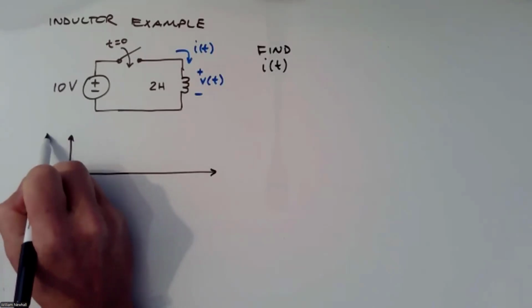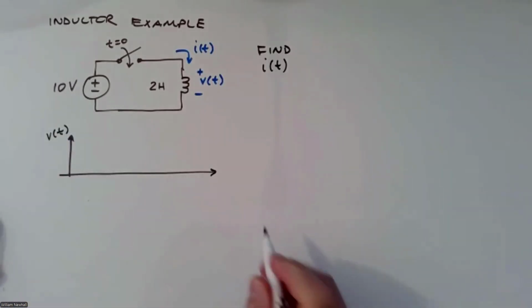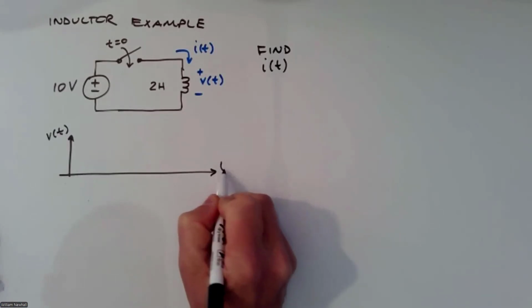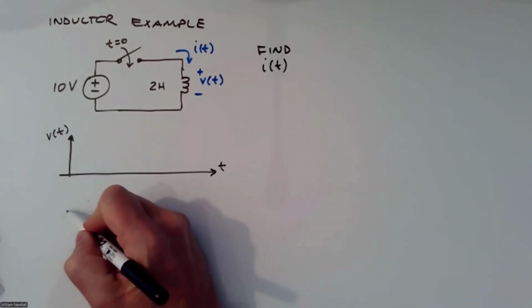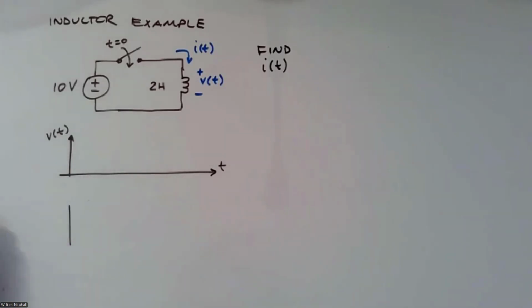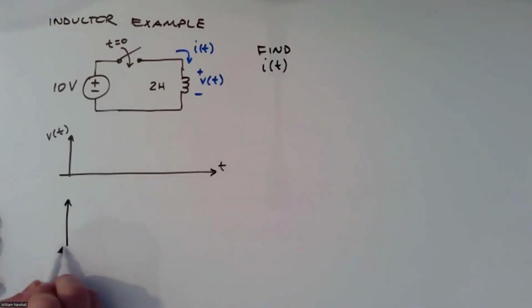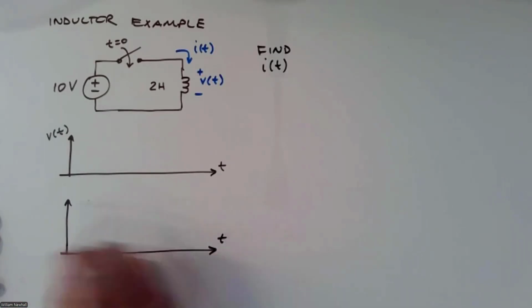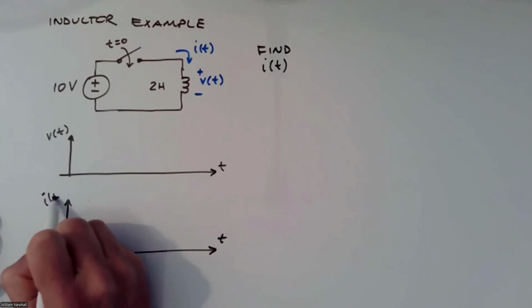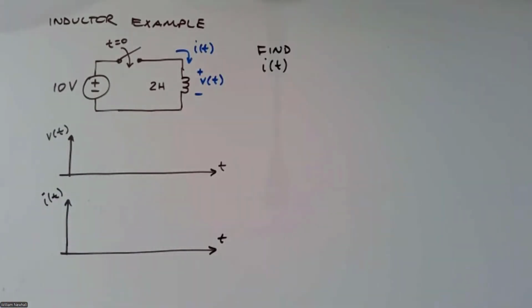So this is going to be V of t, the voltage versus time. And I'm also going to plot current versus time.